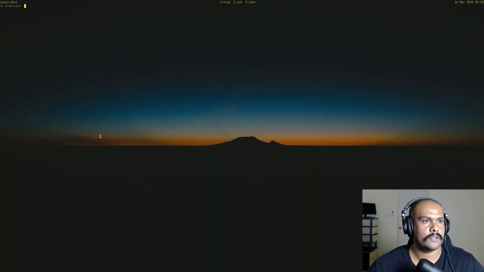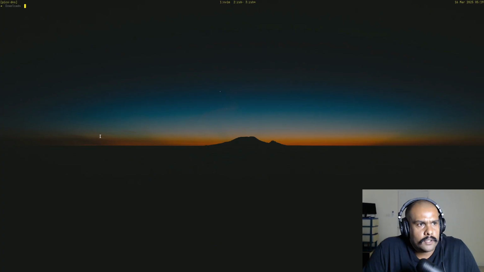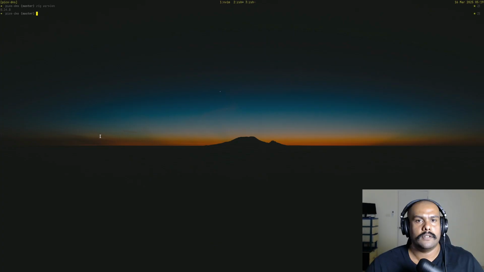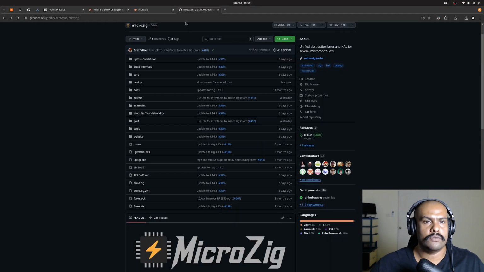Okay, perfect. And sudo copy it to /usr/local. which zig, zig version. Okay. Now if I run the build command, it should work.